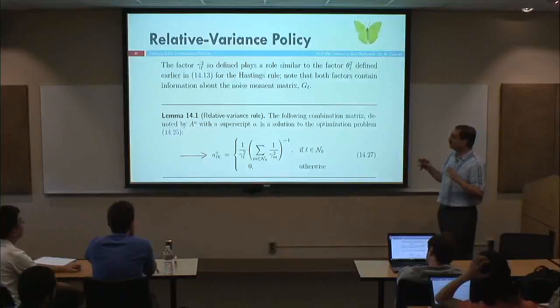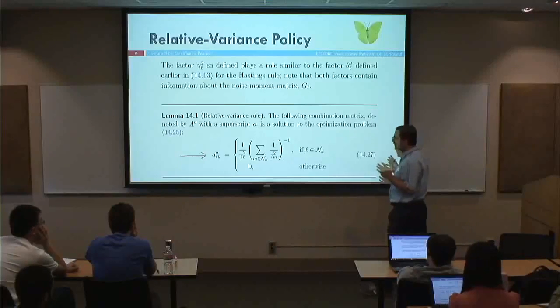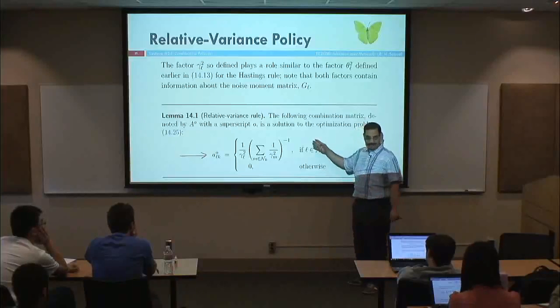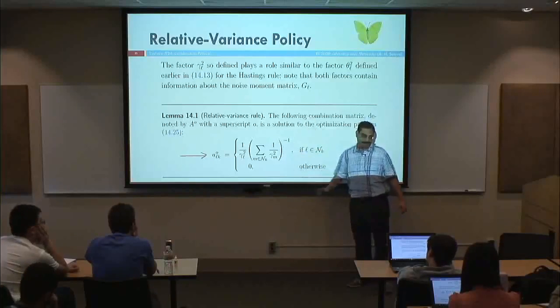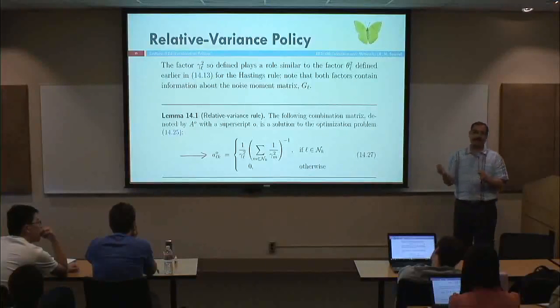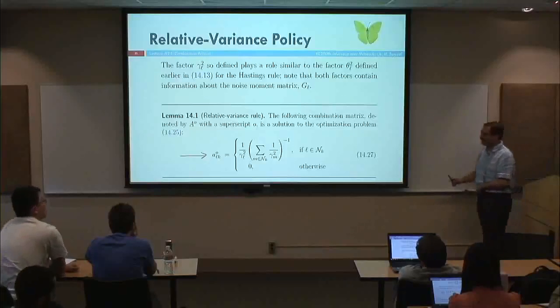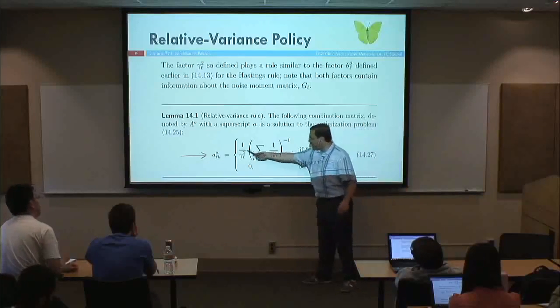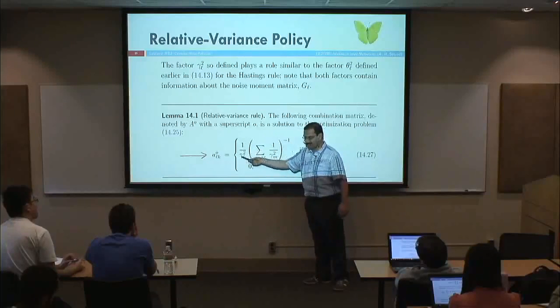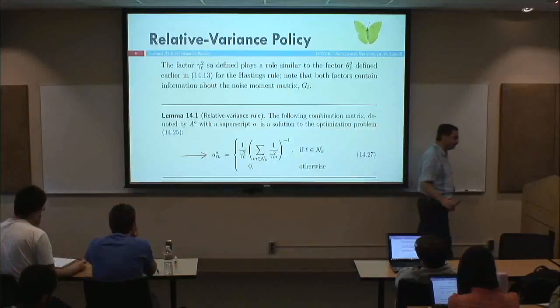This is for the general case, not for the mean square error case. Understood? So this doesn't have a condition on H, but it optimizes an upper bound on the MSD. We call it relative variance just because it is a relative measure here. This is like a noise variance, or the inverse of that. Okay, very good.